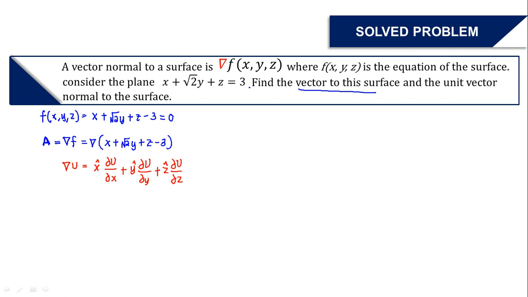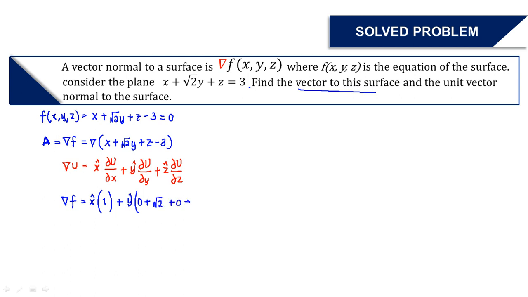so kukunin natin yung partial derivative. Okay? Kaya naman, ang mangyayari dyan is del f is equal to x hat. Ano yung partial derivative natin ng loob? No? So partial derivative ng nasa loob is actually ito magiging constant na yan. Ang matitira is 1. Kung di ako nagkakamali, ha? 1. Yan. Plus y hat, the partial derivative din itong nasa loob. So, pag kinuha natin yung partial derivative niyan, ito magiging 0 plus yung y magiging square root of 2 na lang yan.